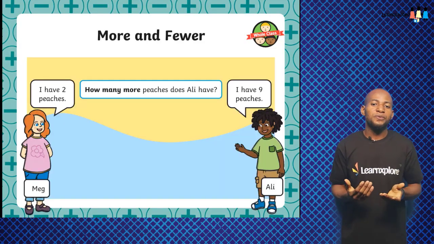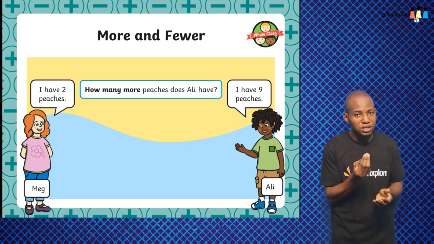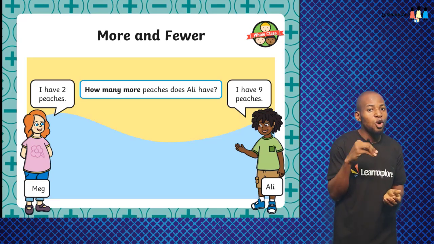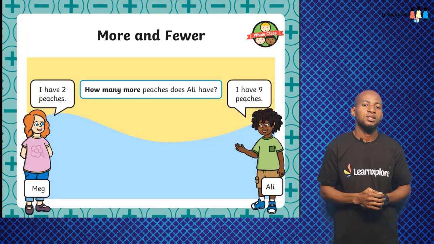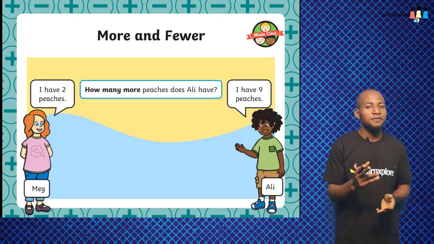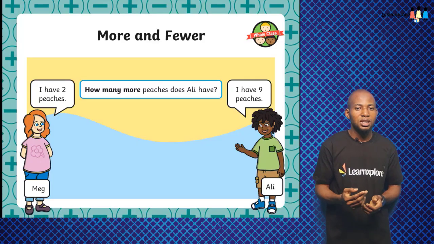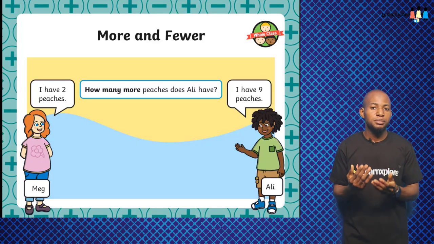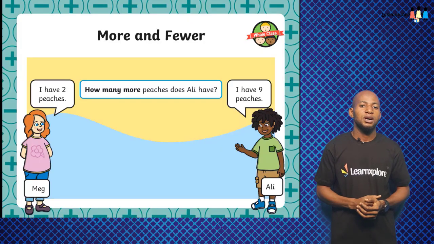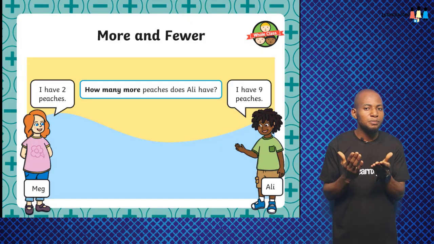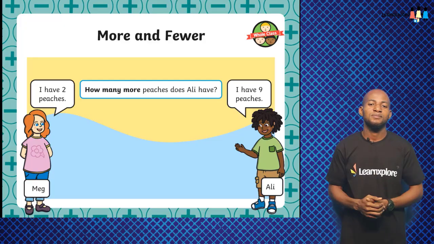You might be asked to find the difference using words, more or fewer. Meg said, I have 2 peaches. Ali said, I have 9 peaches. How many more peaches does Ali have?